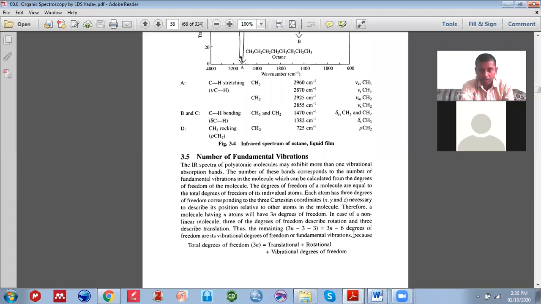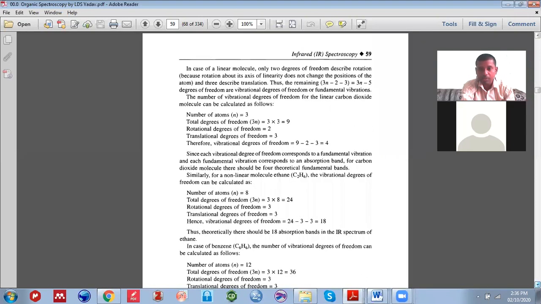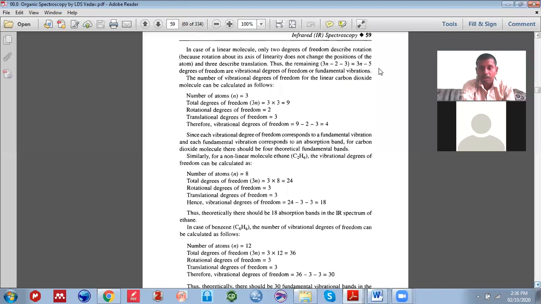So, vibrational degrees of freedom or fundamental vibrations: we know translational, rotational and vibrational, three kinds of degrees of freedom. So the total number of degrees of freedom is 3n.